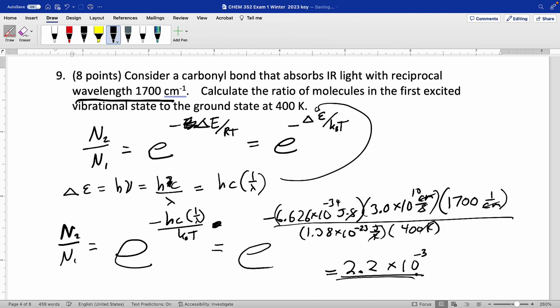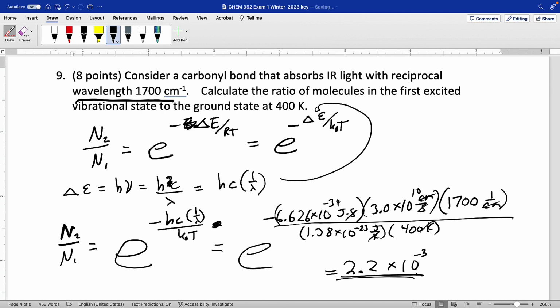So basically, if we have 1,000 molecules with this carbonyl bond, and we're at 400 kelvins, which is quite warm, more than the boiling temperature of water, only 2 in 1,000 are in their upper state. Or rather, if you have 1,000 that are in the ground state, you'd only have 2 in the upper state.